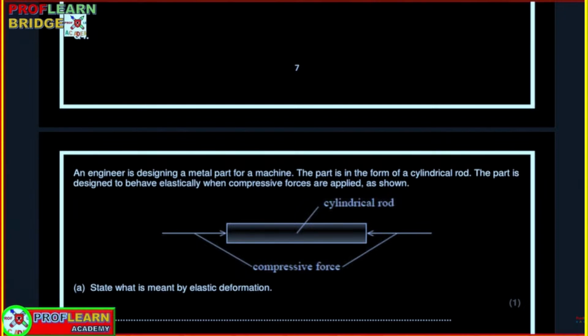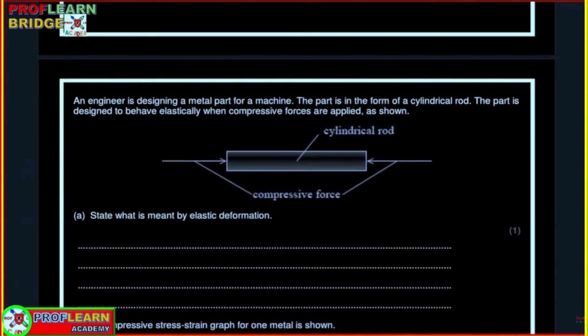But in part A, we are told to state what's meant by elastic deformation. We have mentioned in our previous discussion that elastic deformation is a deformation in which a material can regain the original size when the force is withdrawn or removed.